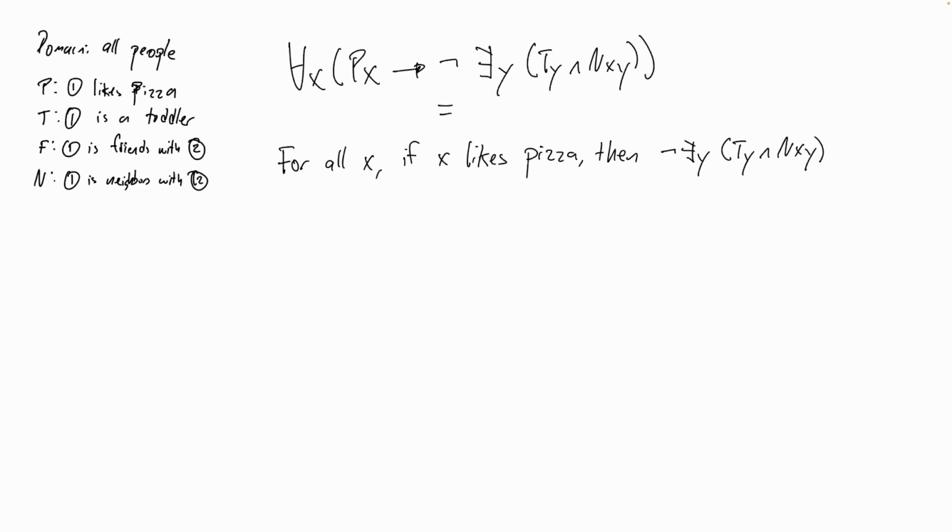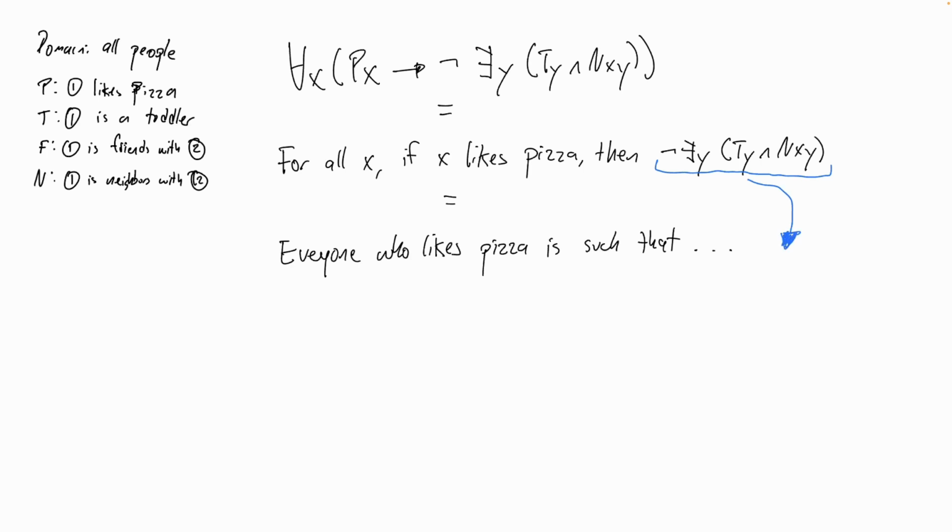So we're going to be able to see this formula as saying everyone who likes pizza is such that ..., where what goes in the blank is the further condition that the formula is saying is met by anyone who likes pizza. So now we deal with the part of the formula that we put aside earlier. Here we have the negation of there exists a y such that ty and nxy. So let's start with the formula that's being negated.